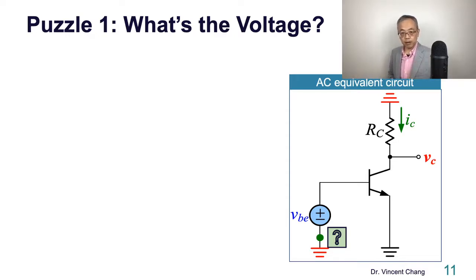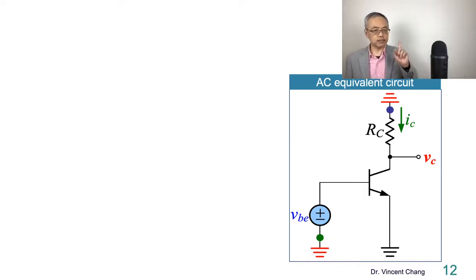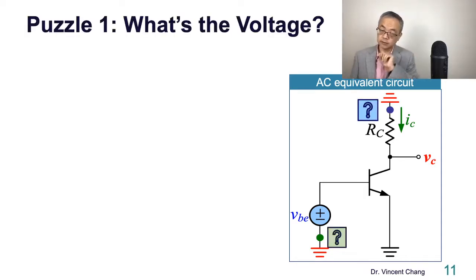And then you ask me back, why is it grounded? Why is it zero now? This kind of ground is the ground when the DC component has been removed. This type of ground is called AC ground.